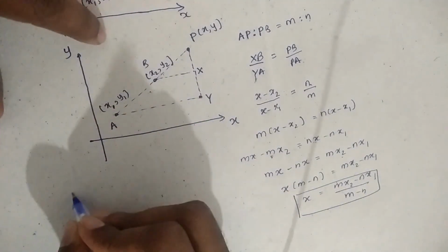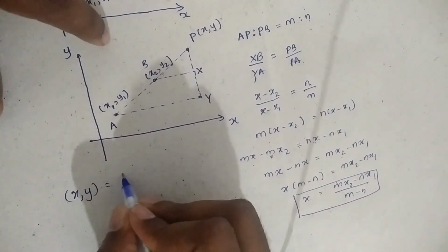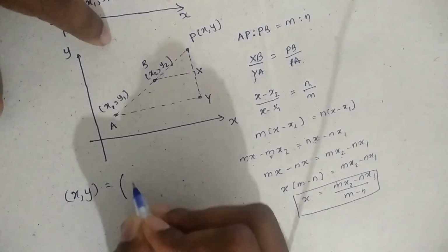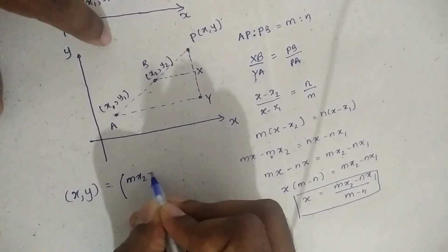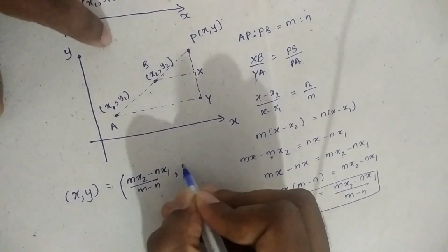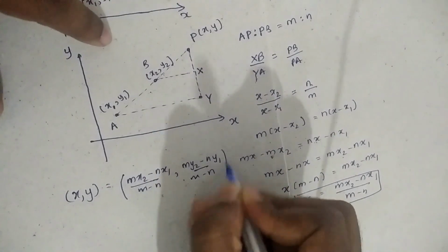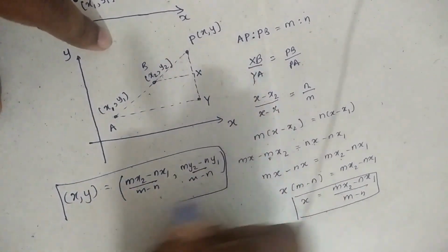In other words, x comma y equals (mx2 minus nx1) over (m minus n), comma (my2 minus ny1) over (m minus n). So this is the formula, guys.